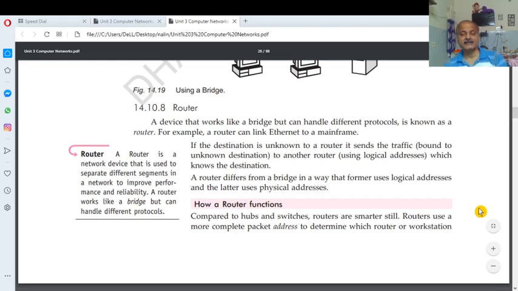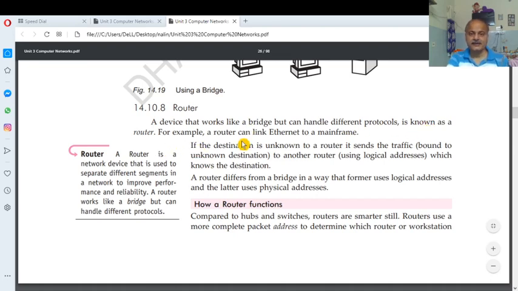It makes no difference what the protocol is, or what the cables or computer systems are. So once again, a device that works like a bridge but can handle different protocols is known as a router.